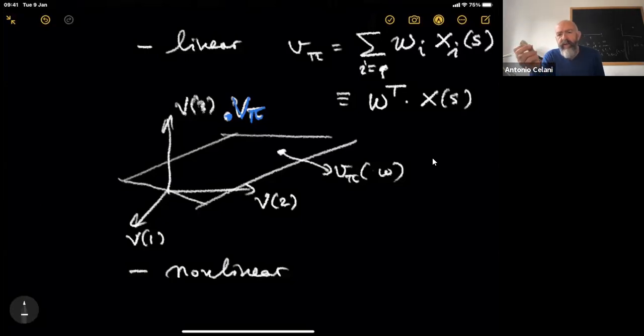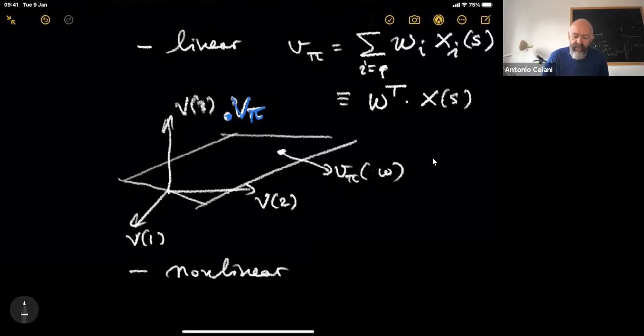In some particular problems, you might have specific ideas about how to model your value function. So you might choose some specific class of nonlinear functions of the parameters w. But more in general, there's no particular reason to choose a priori one specific nonlinear expression.